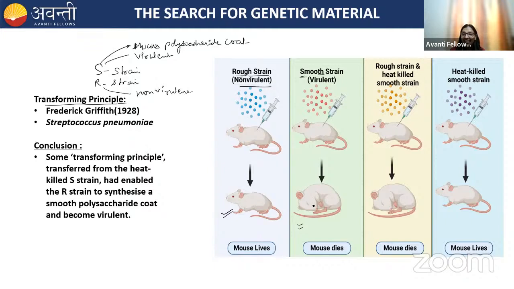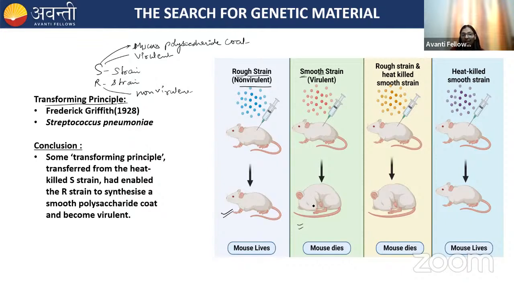Third, he heat-killed the S strain and injected it into the mice, and the mice survived. In the fourth, he injected the live R strain and the heat-killed S strain together into the mice, and the mice died.